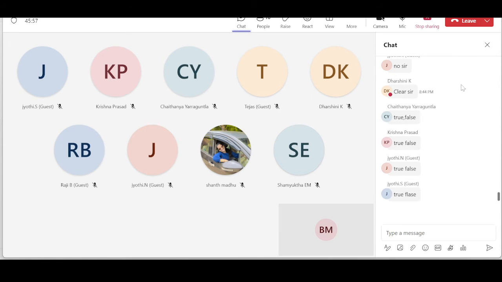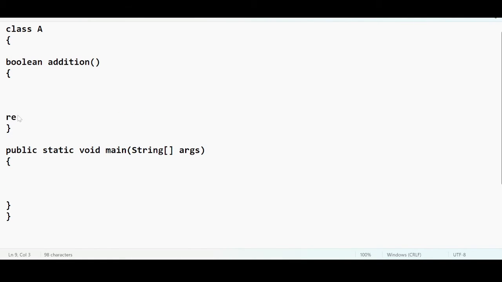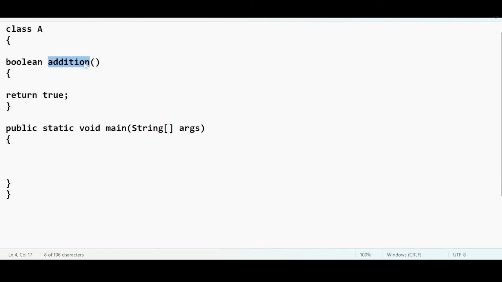Good. You can either return true or return false. So the return keyword is mandatory. Let us return true. Let us change the name of the method to test. This will help you understand the methods topic much better.